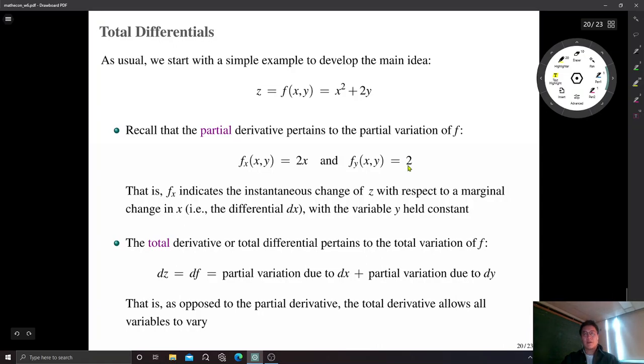And 2 also can be thought of as a linear approximation of the partial variation of function f when y changes only. In fact, when y changes only, the function will change at the rate of 2. If y changes a little bit, say dy, then the function will increase or decrease depending on the sign of dy, as much as 2 times dy. Okay, so the partial derivative also can be thought of as a linear approximation.